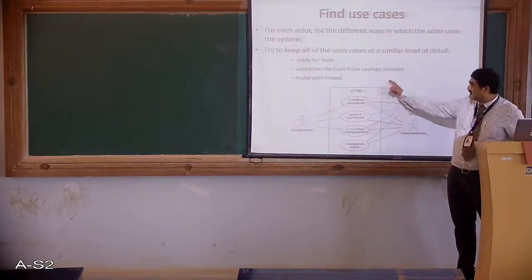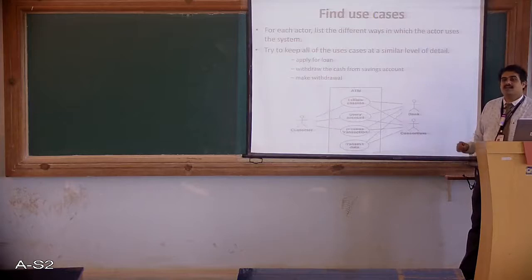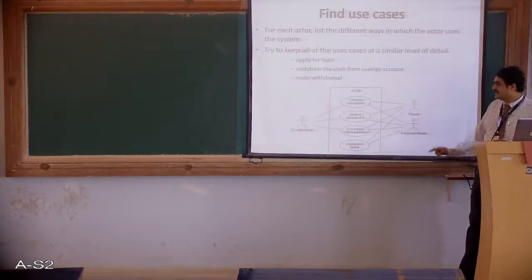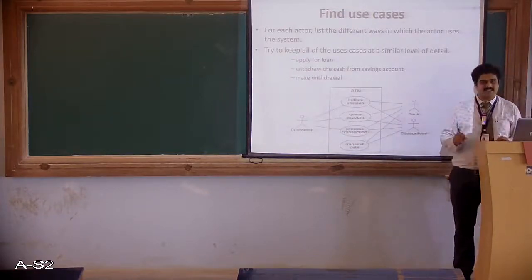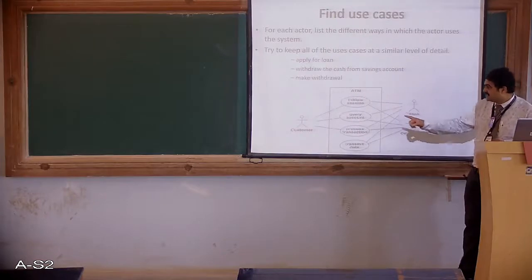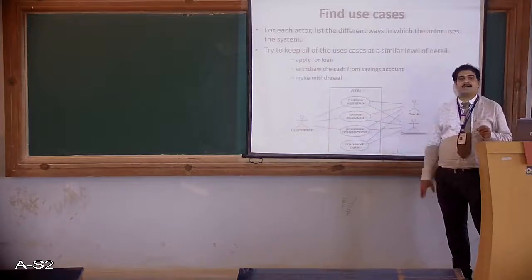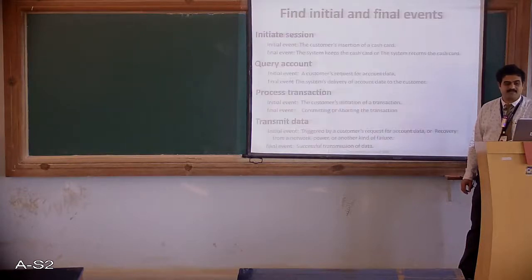This is a simple sample use case diagram for a case study of an ATM. Customer, bank and consortium are the actors. Initiate session, query account, process transaction and transmit data are the different use cases with respect to the given problem statement.